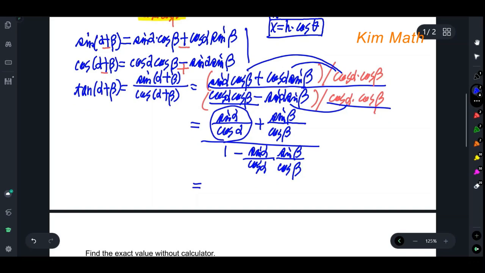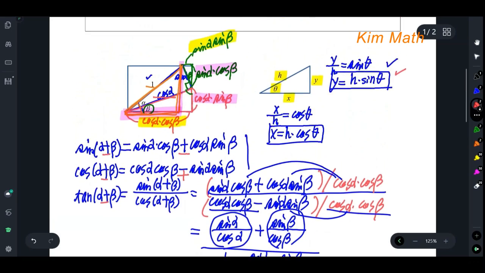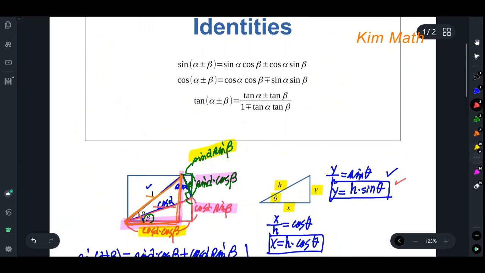By definition, sine over cosine is tangent. So this is tangent alpha plus tangent beta over 1 minus tan alpha tan beta. Okay? If you have a negative sign, this will be negative, this will be positive. Okay? So let me go back to the original equation.